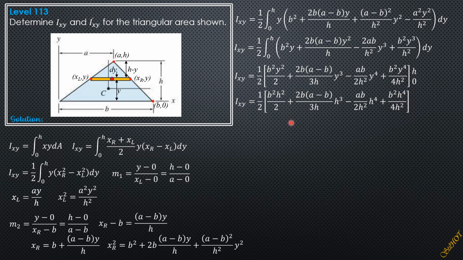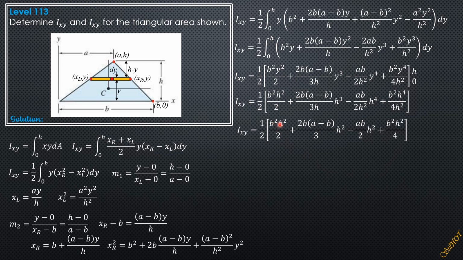Then simplifying, combining like terms, let's simplify first. So Ixy equals 1/2 quantity b square h square over 2 plus 2b quantity a minus b h square over 3 minus ab h square over 2, then plus b square h square over 4.